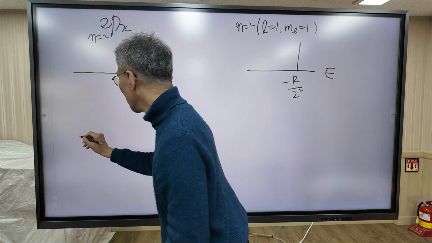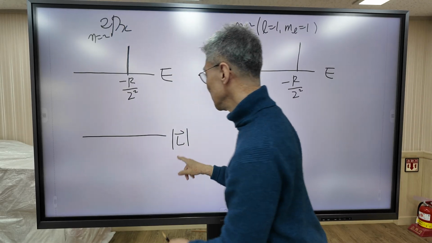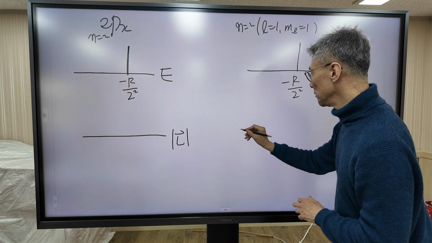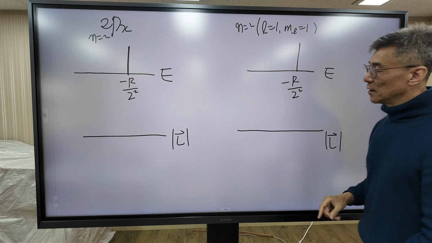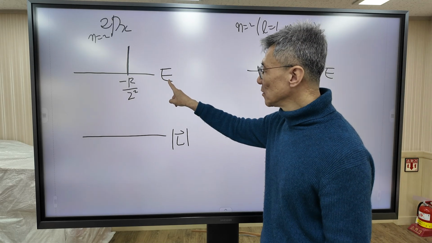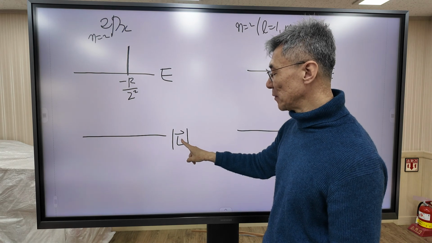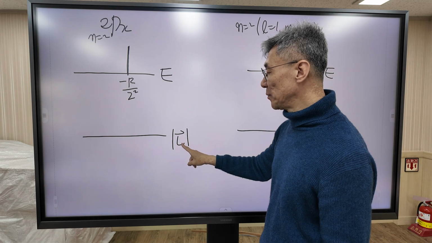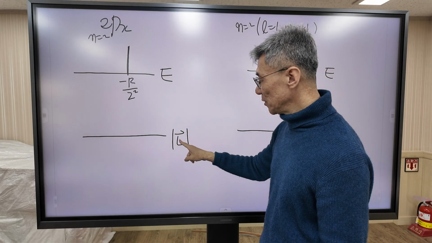How about the angular momentum amplitude? When you measure the angular momentum amplitude, what is the result? As I said before, energy depends on the quantum number n. The magnitude of angular momentum depends on the quantum number L. So if L is defined, you can determine the angular momentum.